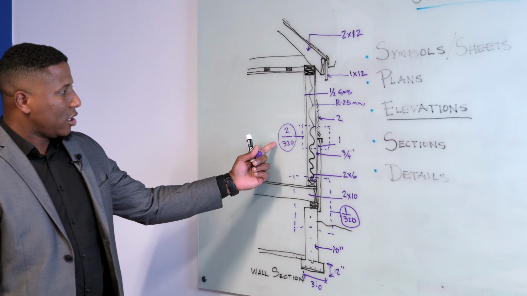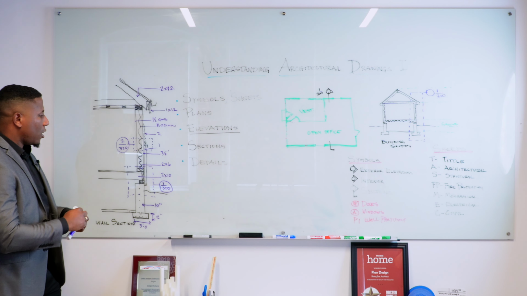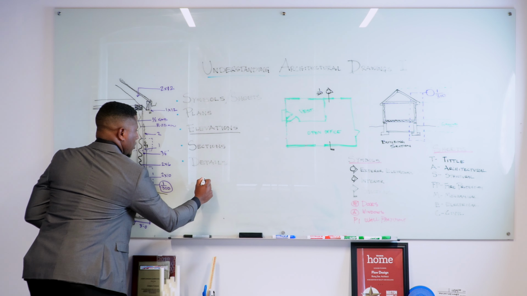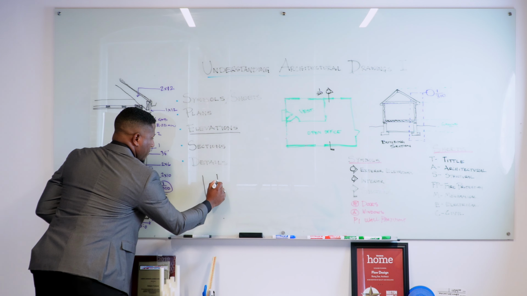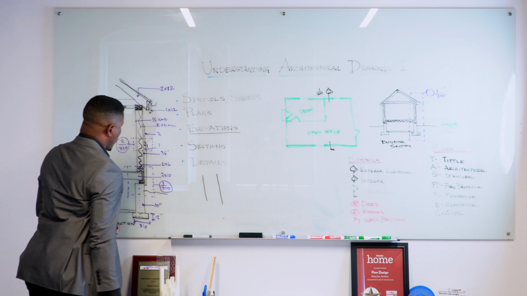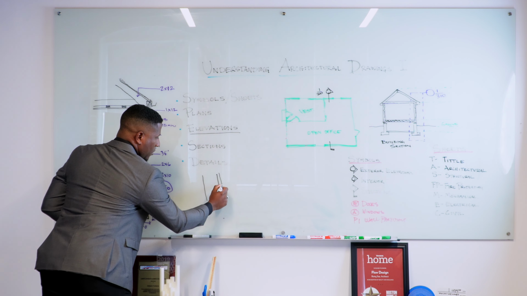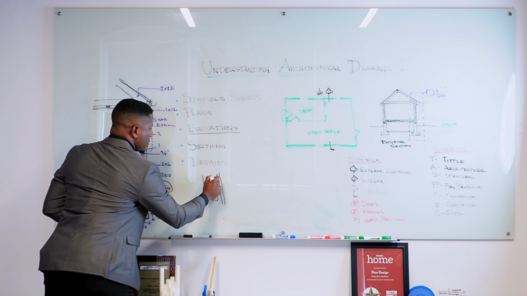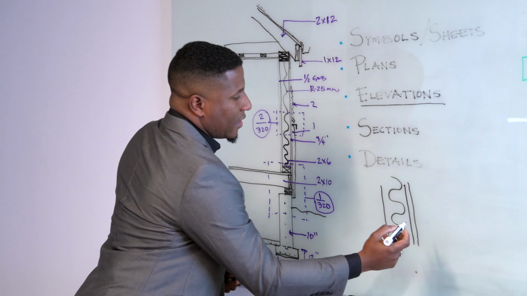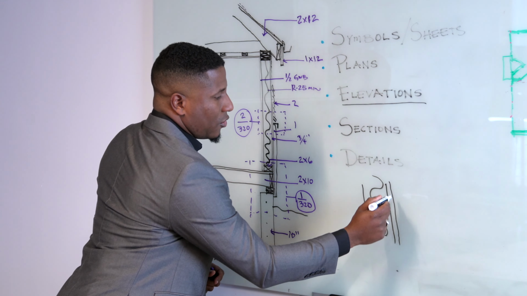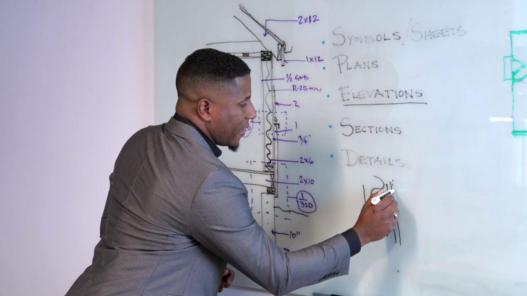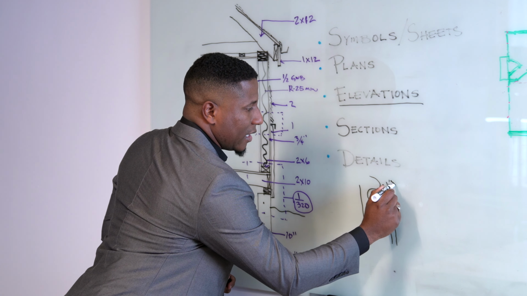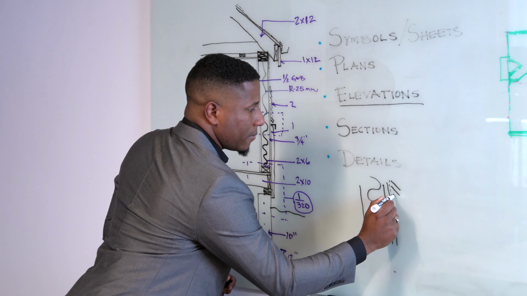And when you go to that sheet, then you are able to understand, okay, if I enlarge this connection, you have your wall assembly, you have your sheathing, let's say this is insulation, right? Then let's say you have a vapor barrier or water barrier there, and then you have your siding like this.